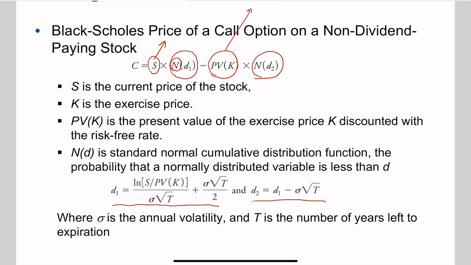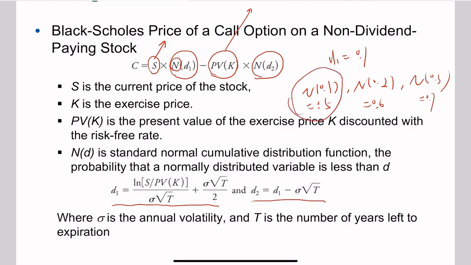Basically, I will tell you. So let's say if d1 is 0.1, then I will possibly tell you several numbers, so I'll give you something like this. As long as you can correctly calculate d1, then you can use this number, okay?